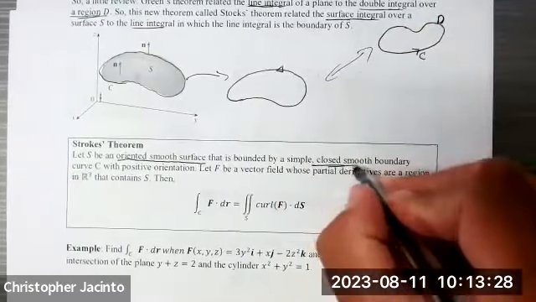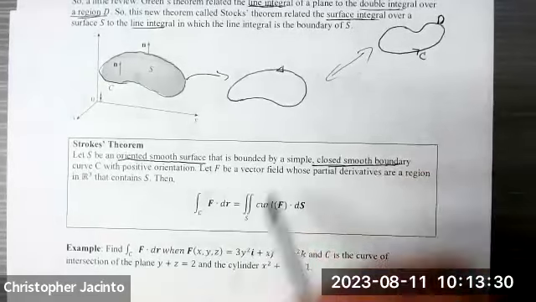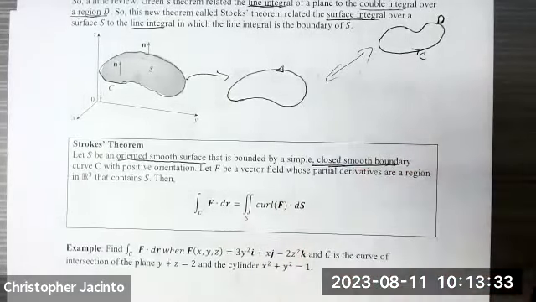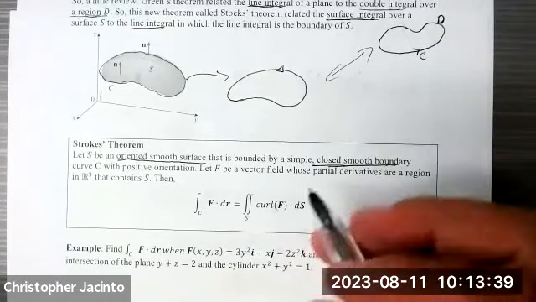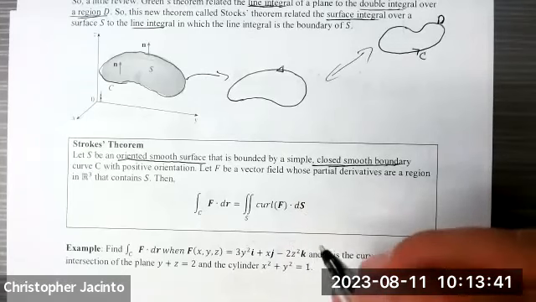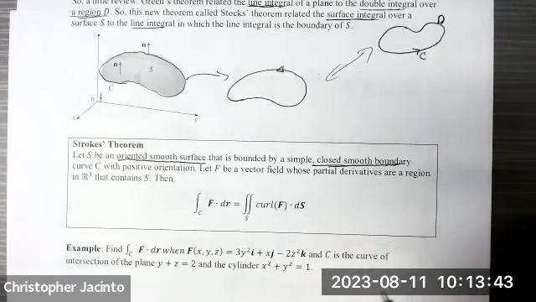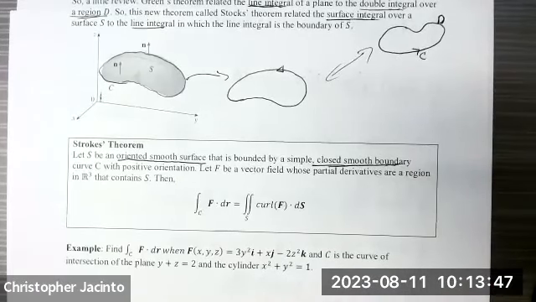We talked about closed simple curves before. That's all it means. Okay. So in other words, it's going to look like that all the time, or some version of that. Okay? So given this, take some curve with positive orientation, and let F be a vector field whose partial derivatives are known in R3, so you could take the partial derivatives right there. They're not like, limits don't exist.